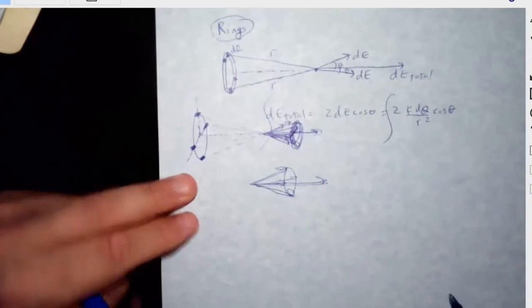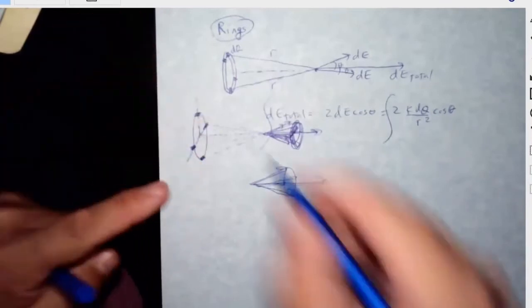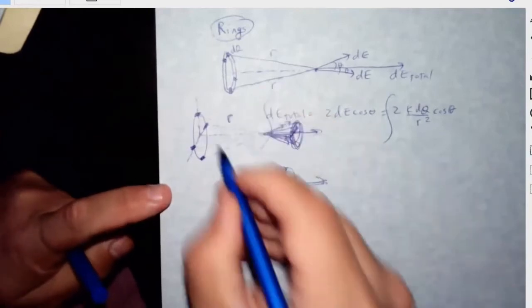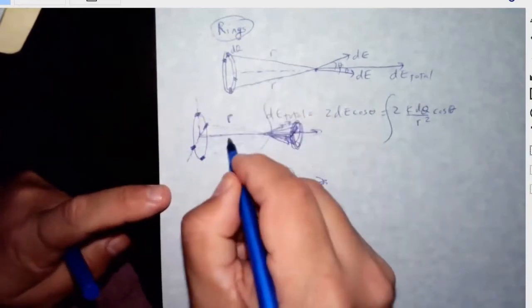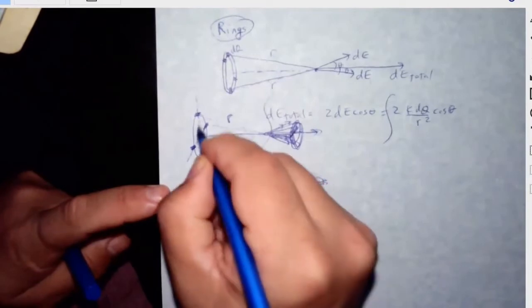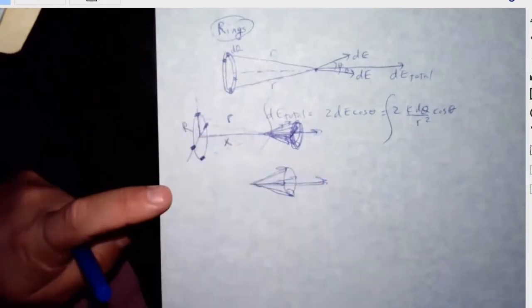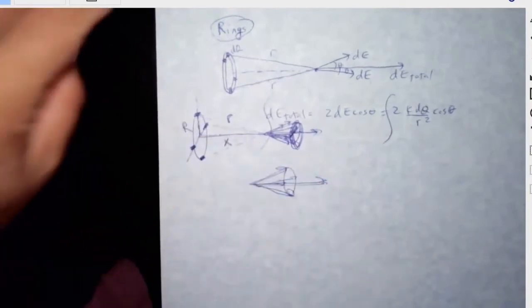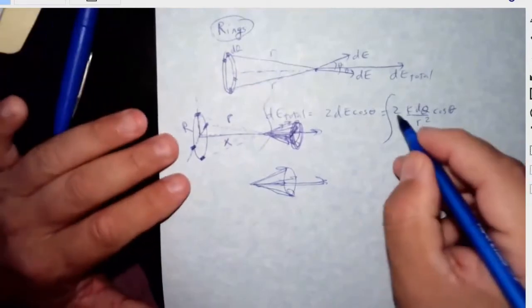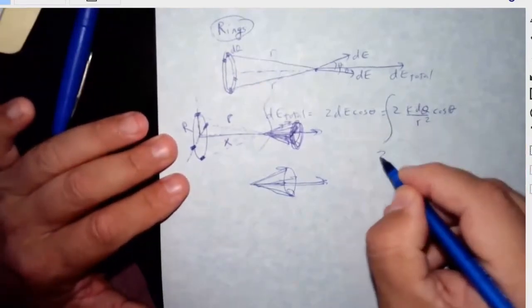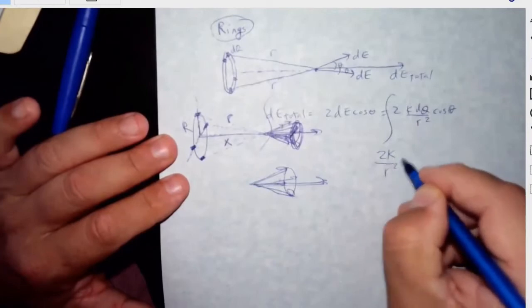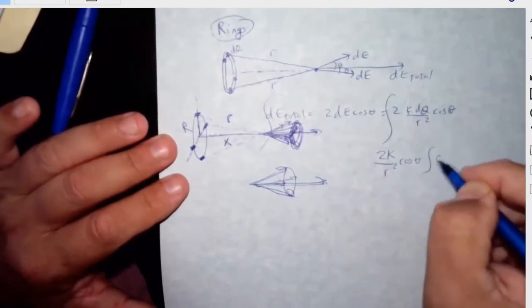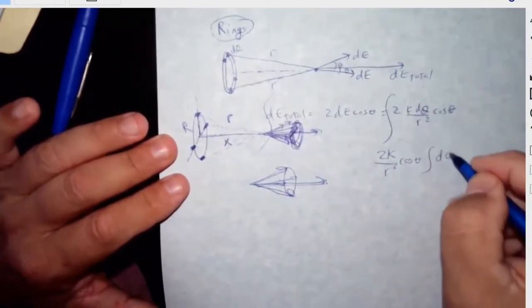You don't need to integrate anything because it's all constant. The distance is constant, and this is X, and this is R. So everything comes out of the integral: 2k over r squared cosine theta, integral dq.